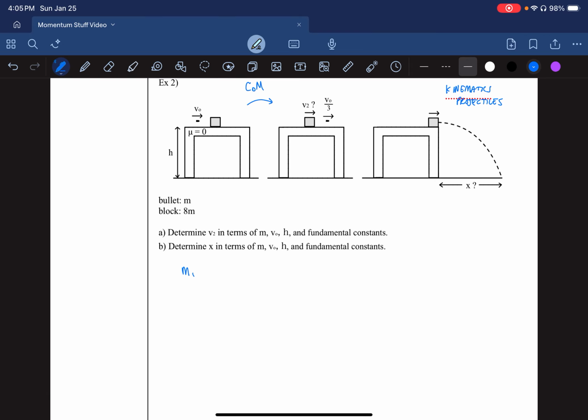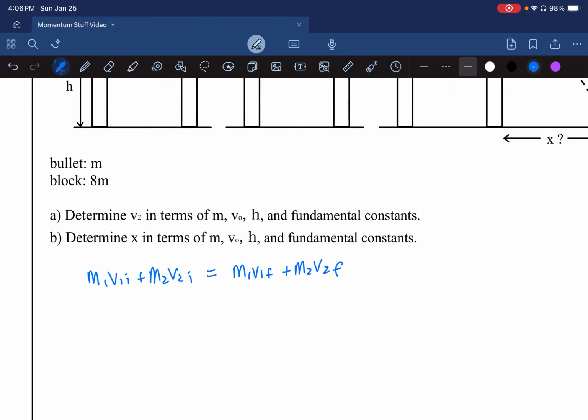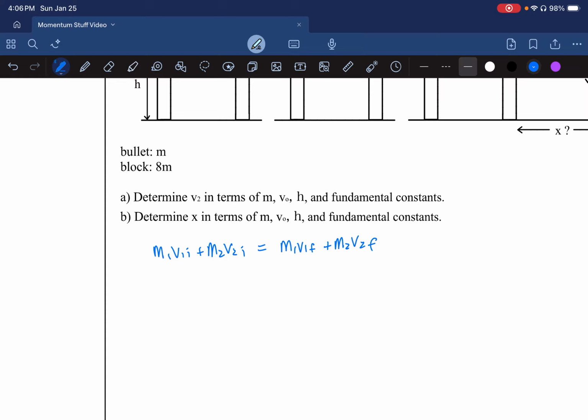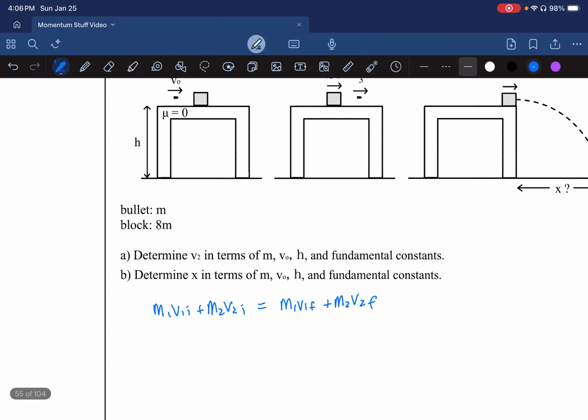So we'll say m1 v1i plus m2 v2i equals m1 v1f plus m2 v2f. Because the block is labeled v2, I'll make the block mass 2. And so let's replace our variables here with the notation in the problem.